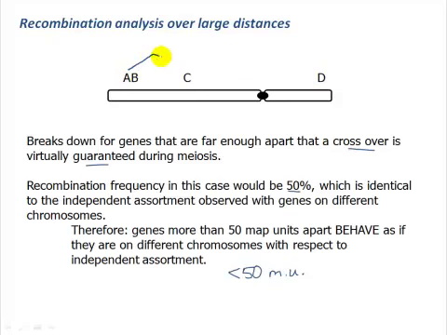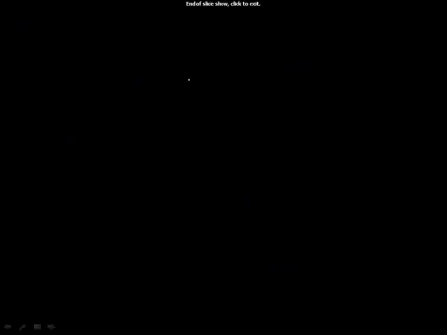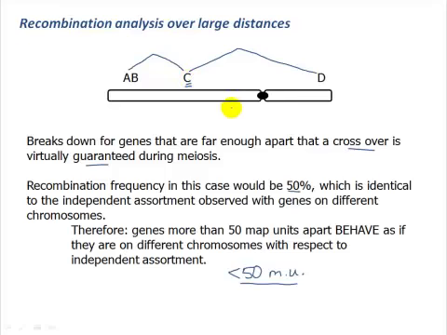You could map A versus C and C versus D, and in that way build a genetic map between A and D. All right? So in order to map genes that are separated by greater than 50 map units, or centimorgans, you would have to map them relative to another gene along the chromosome. Okay, so that's recombination analysis.